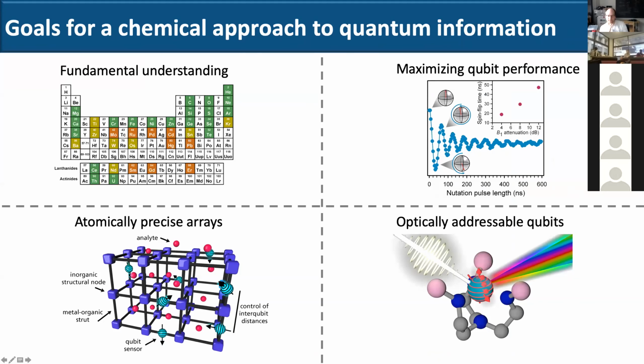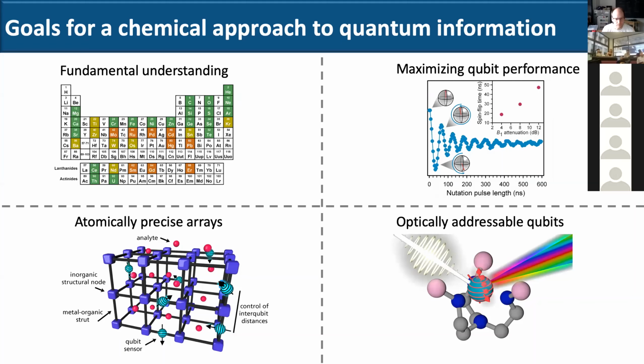there are 4 different areas that I'm going to talk about, and everything I deleted is in the 4th area. The areas that I'm going to talk about today are how we can use these systems to gain fundamental insight into the variables that contribute to decoherence. I'll talk about maximizing qubit performance within these molecules by, again, precise control over the environment.